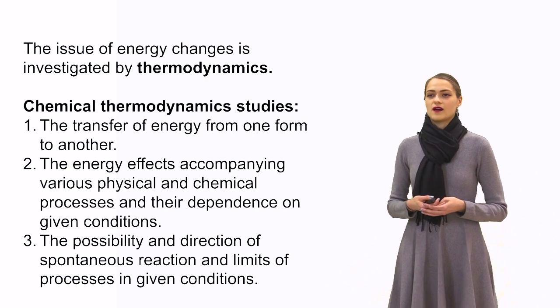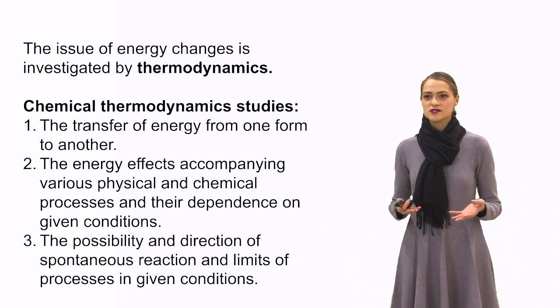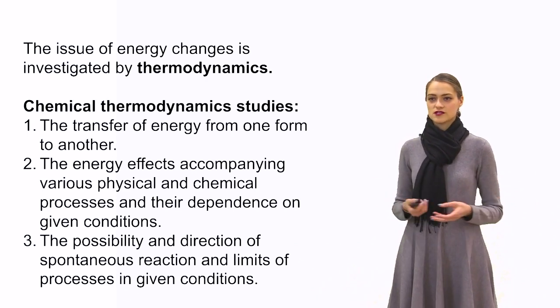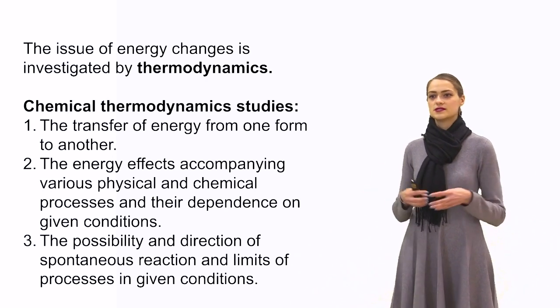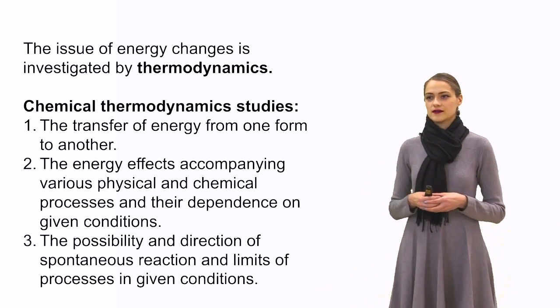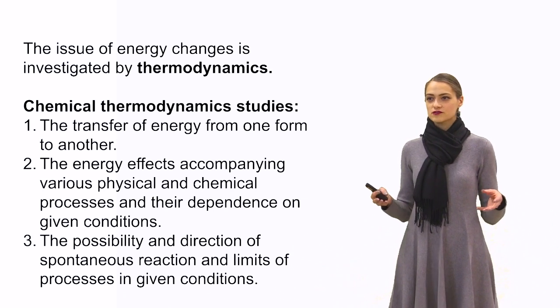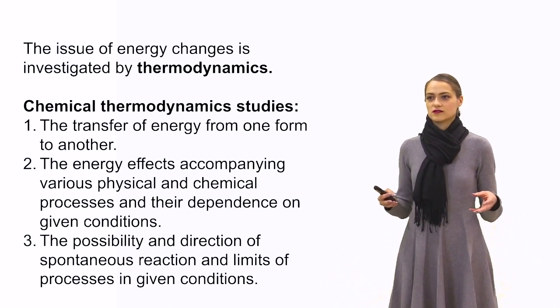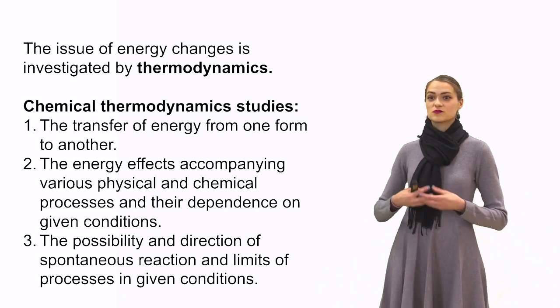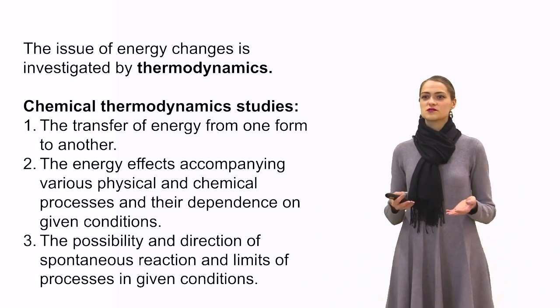But we need to know, is this reaction possible in given conditions? For example, we take two substances, place them in one glass, and we make experiments in room conditions. And before the exact experiment, we need to predict, is this reaction possible?